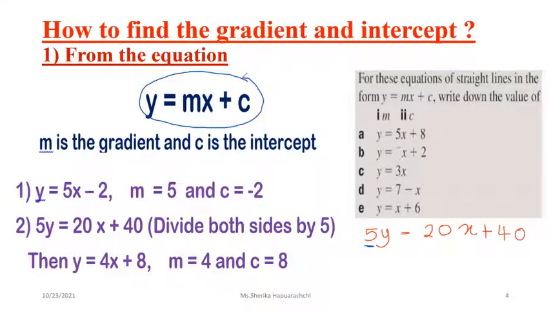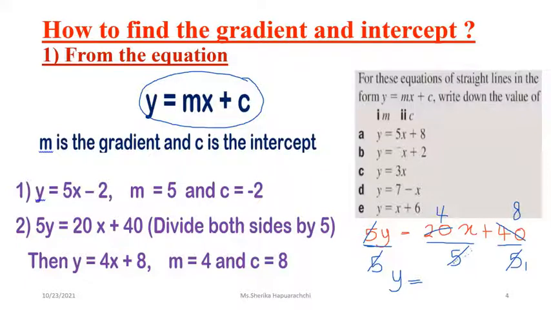To make it according to this format, I divide the entire equation by 5, right? So why do I divide this entire equation by 5? To get the y equals mx plus c format. So when I divide 5y by 5, I end up with y on the first side, and 20 divided by 5, I get 4, and 40 divided by 5, I get 8.